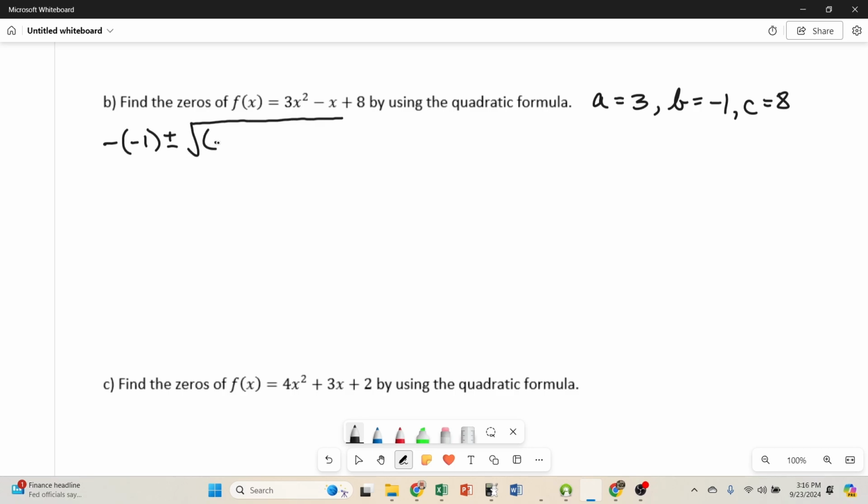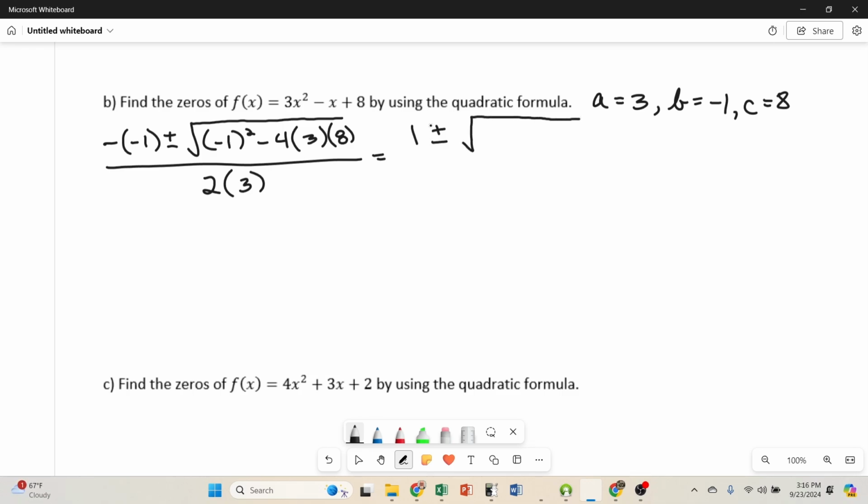B squared, negative 1 squared, minus 4 times 3 times 8, over 2 times A, which is 2 times 3. So negative 1 becomes positive 1, plus or minus, and then we're going to work this as 1. 4 times 3 is 12, times 8 is 96. 1 minus 96 over 6.